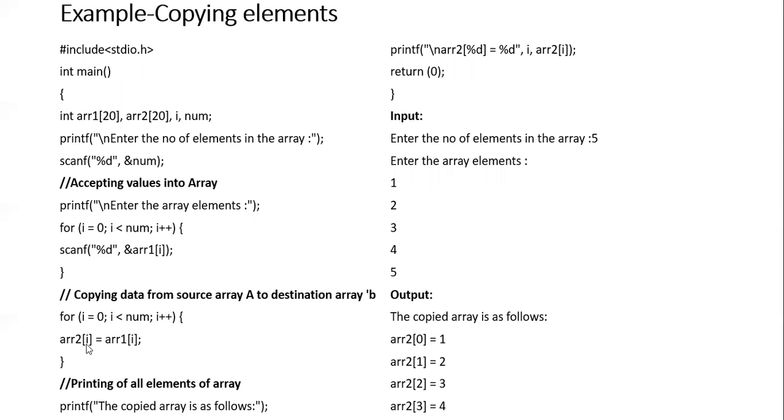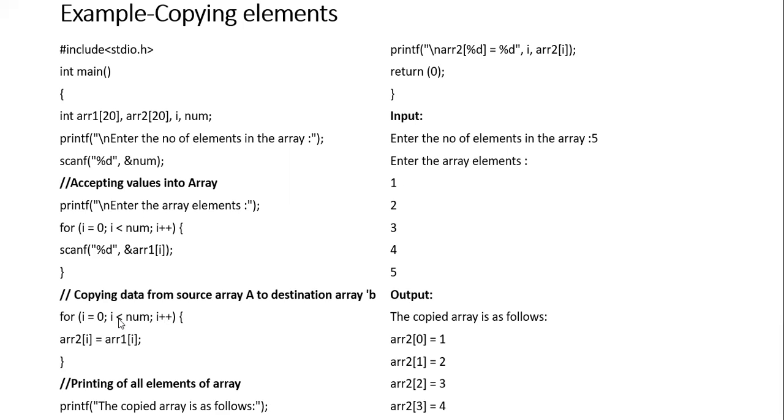So array 1's second element is copied to array 2's second element. Now again it will be incremented to 2.